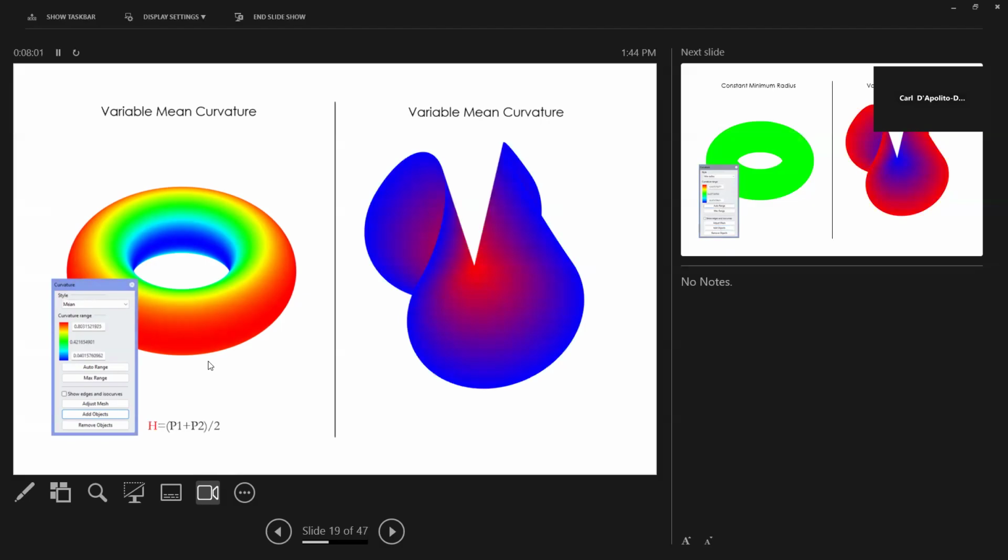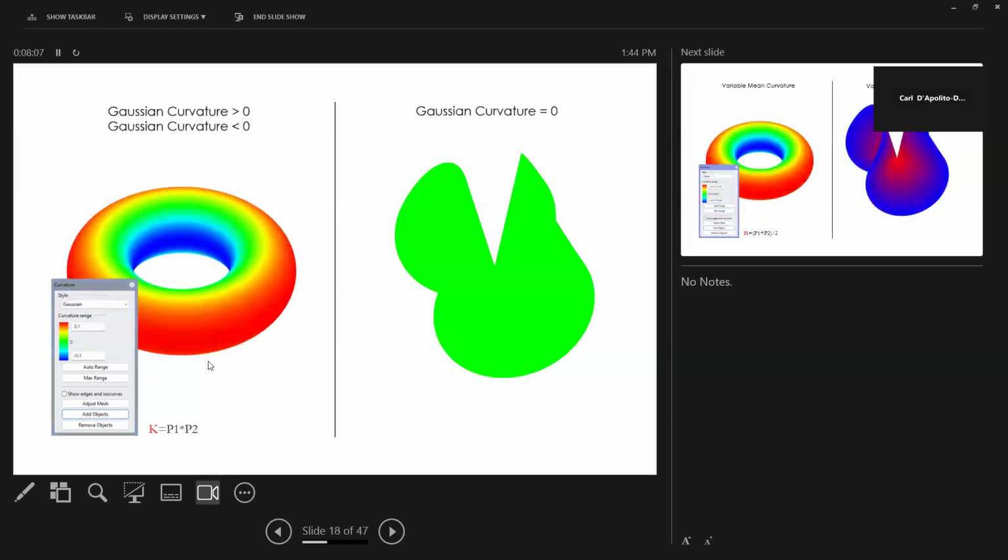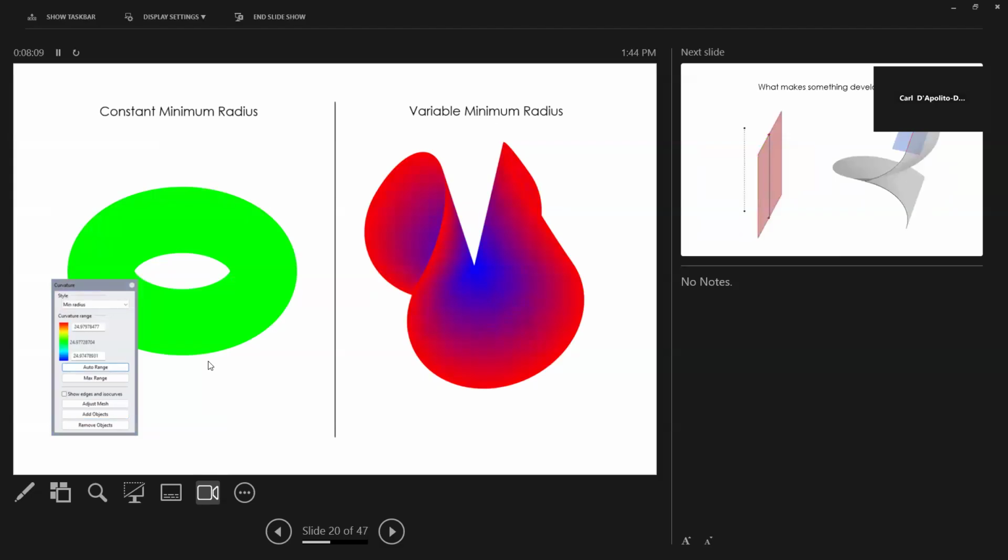It just means how curvy is it. So both of these are curvy. That one's twisty. This one's curvy. Both of them are curvy. And then the minimum radius, or the minimum maximum curvature, this one is variable because it's a cone, and this one is constant. Okay, so those are the characteristics of a surface.